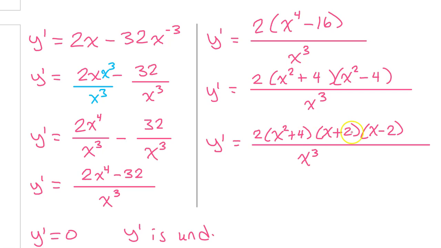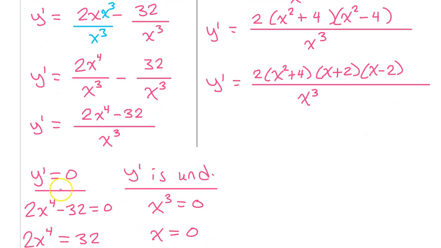Notice we could have used this to find the critical values where y prime is equal to 0 because looking at the numerator, we can see that we get a critical value of negative 2 from the x plus 2, positive 2 by setting the x minus 2 equal to 0, and x squared plus 4 has no solutions if you were to set this equal to 0.